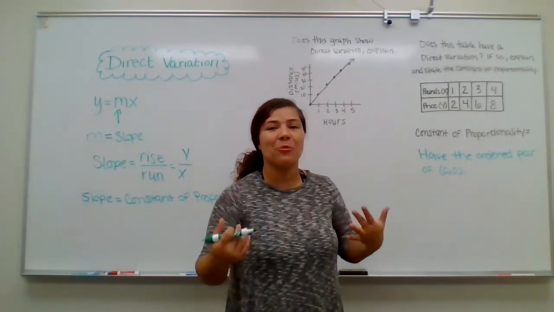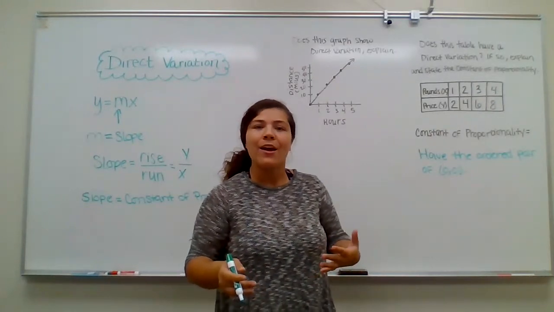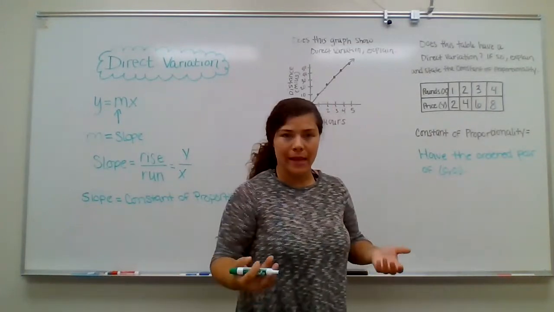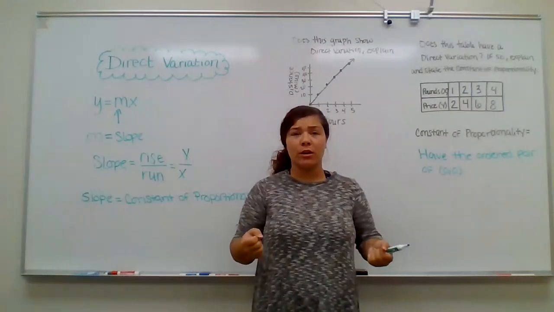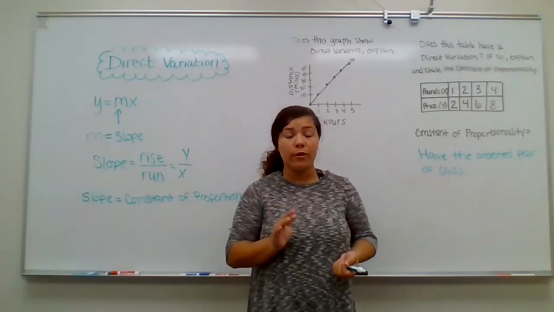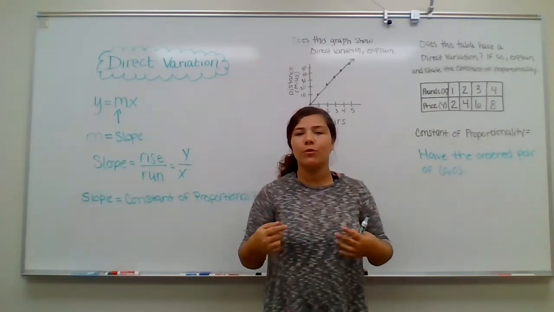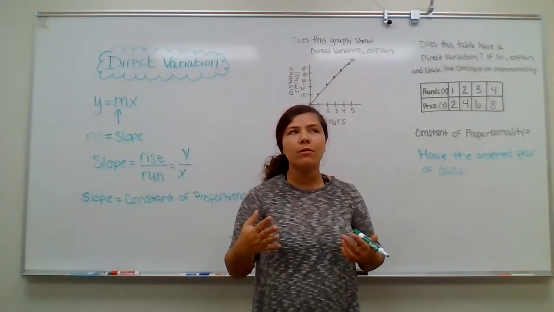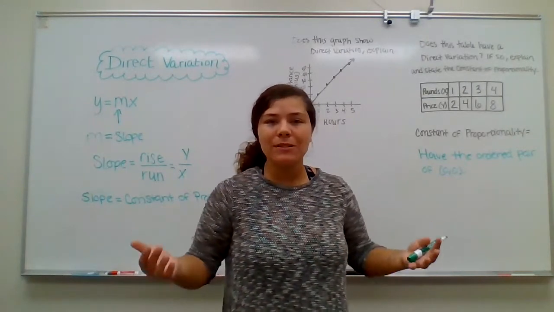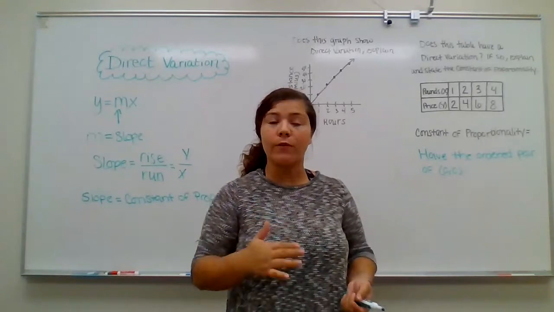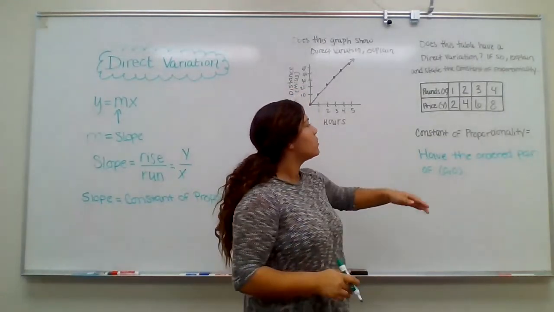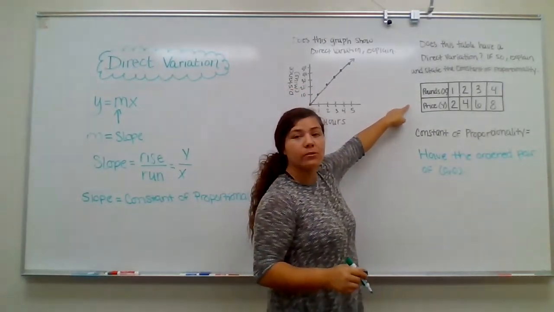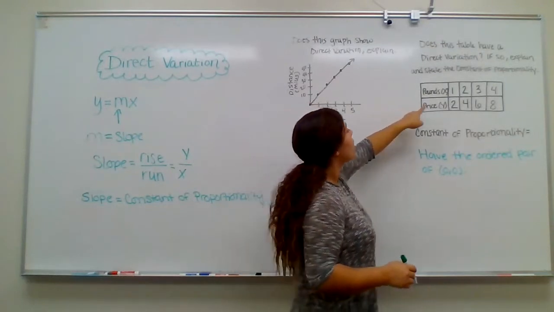The same ratio, okay? Throughout it all, like we've been doing. But we need to make sure that we put our y over x each time. So, did I just say ratio? Yeah, because I'm dealing with slope, my y over x. Okay, so we have our x values, we have our y values.